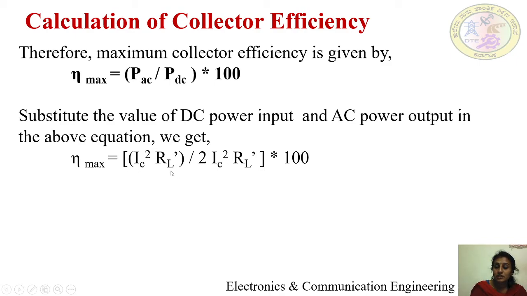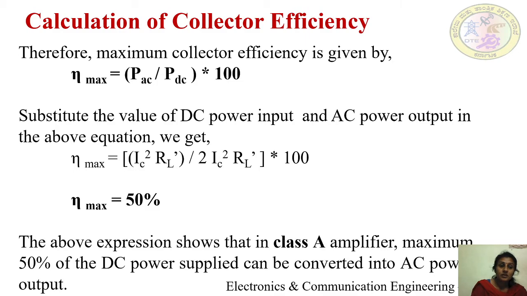So the maximum efficiency calculated is 50%. The above expression shows that in a Class A amplifier, a maximum of 50% of the DC power supplied can be converted into AC power output. So for the transformer coupled Class A amplifier, the maximum efficiency is 50%.